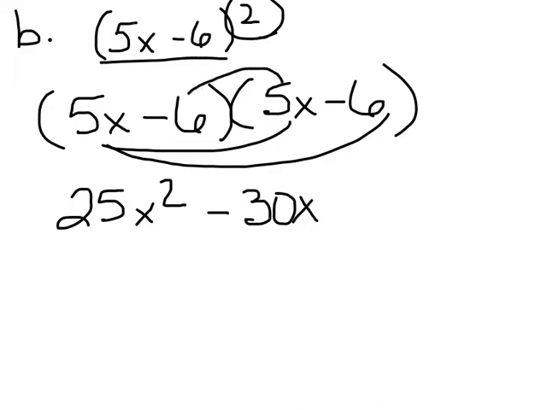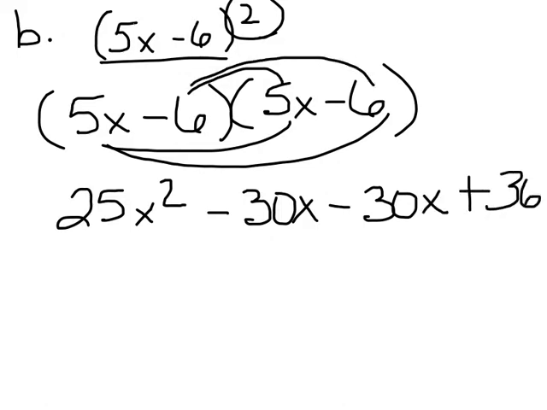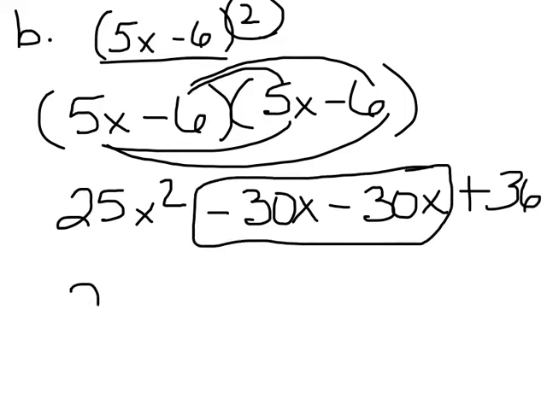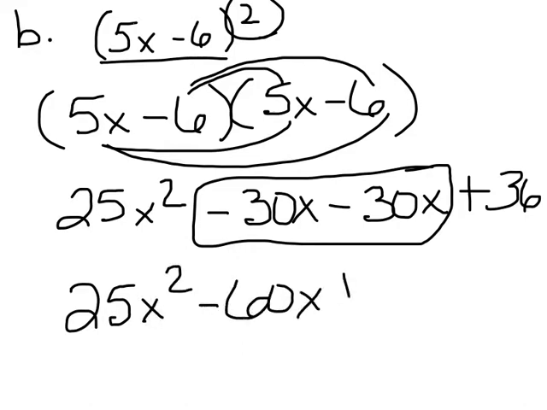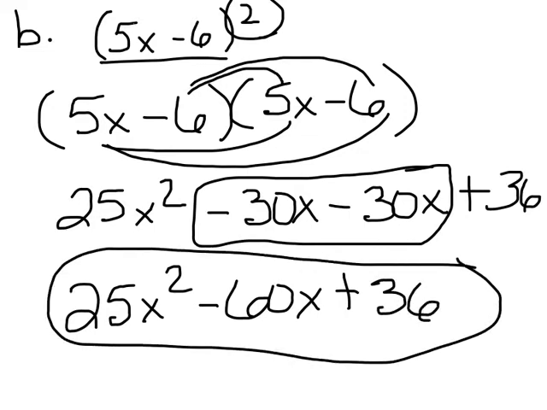Negative 6 times 5x is another negative 30x. And negative 6 times negative 6 is positive 36. Then we're going to add our middle terms. And we get 25x squared minus 60x plus 36 for our final answer.